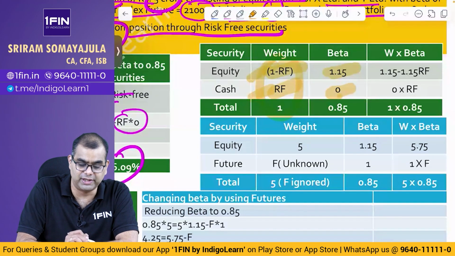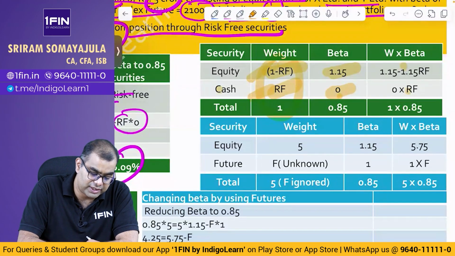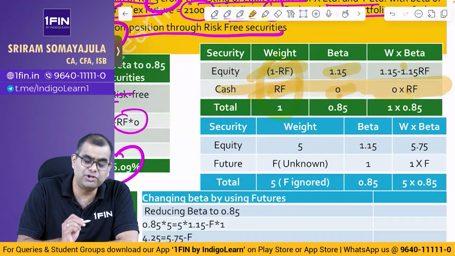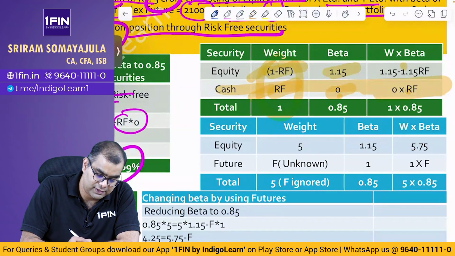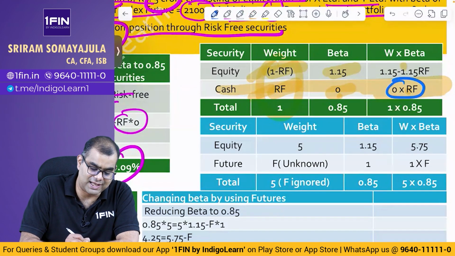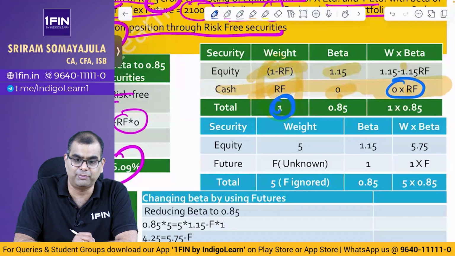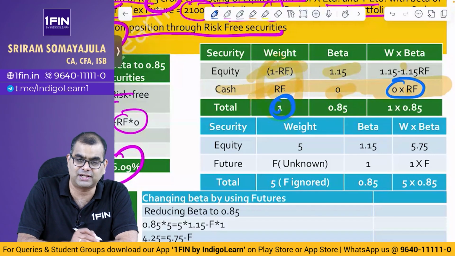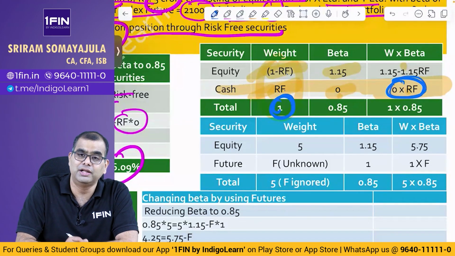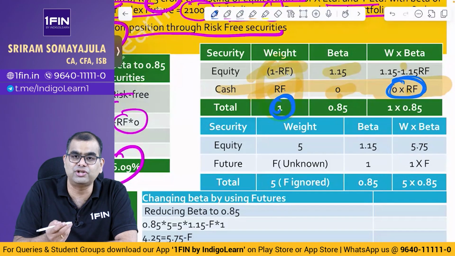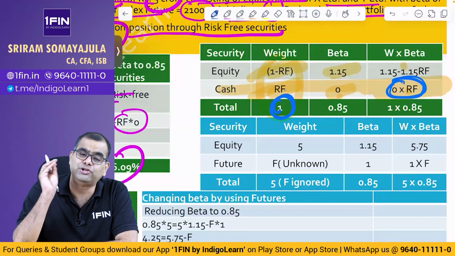Beta you don't do simple addition, but weight into beta you do simple addition. இப்போ cash componentக்கு 0 plus RF வருது. Denominatorல you are adding cash component. You have RF plus 1 minus RF, ரெண்டும் சேர்த்தா அது 1 ஆகுது, but you have basically added RF. ஆனால் numeratorல beta of RF is 0, so the weight of the risk free asset in the numerator is 0.